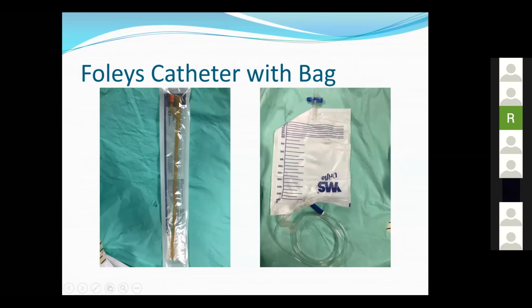We connect this portal with the bag. It can be double lumen, can be triple lumen, that it has not one but two portals open. So we connect this with the urine bag, and we use the third portal for irrigation. Like when the bladder is oozing and there are a lot of clots, you want to irrigate.